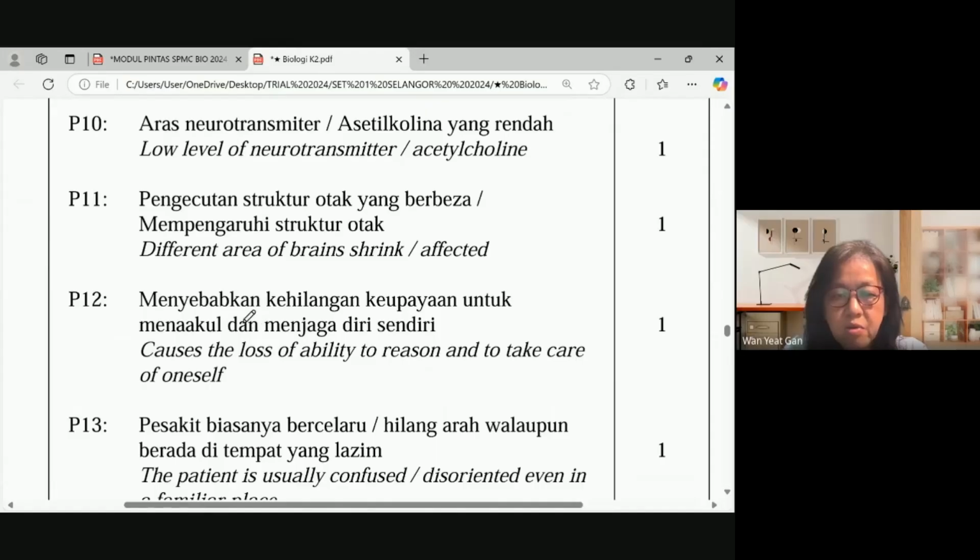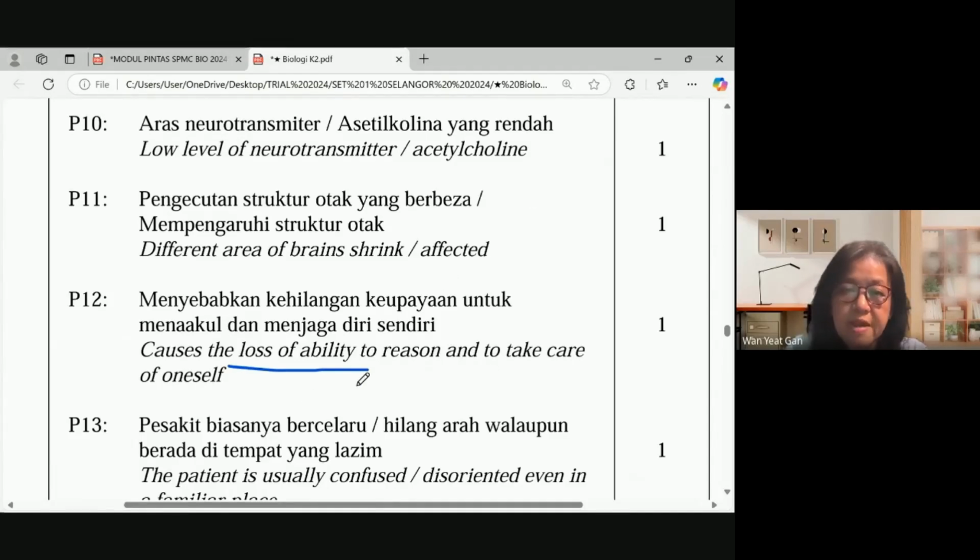On top of that, different areas, different neurons have degenerated, and that causes the loss of ability to do simple tasks like caring for oneself.